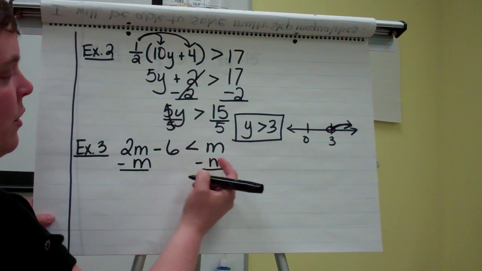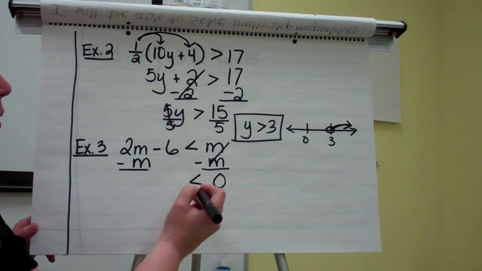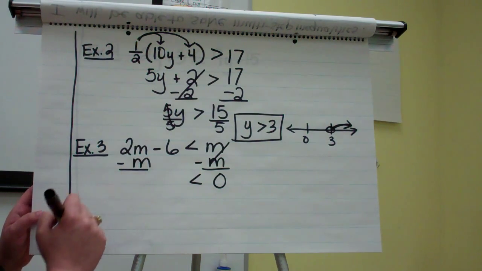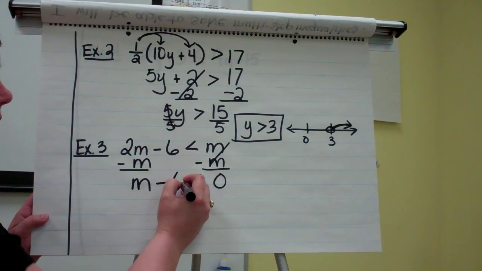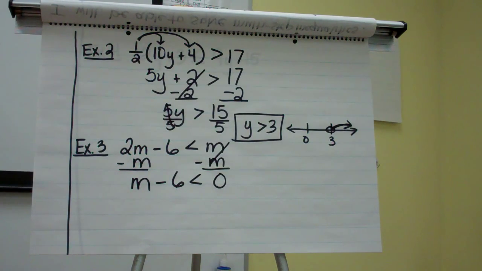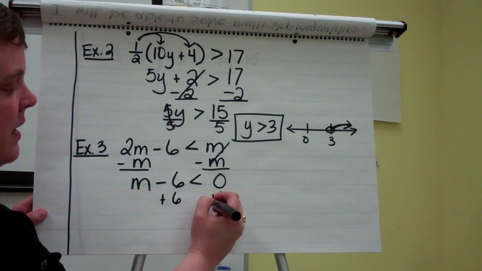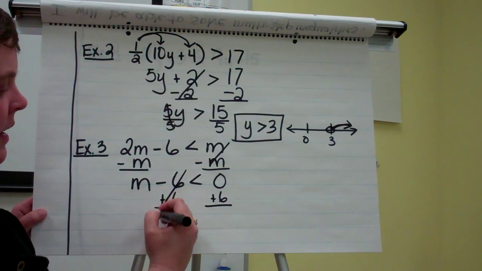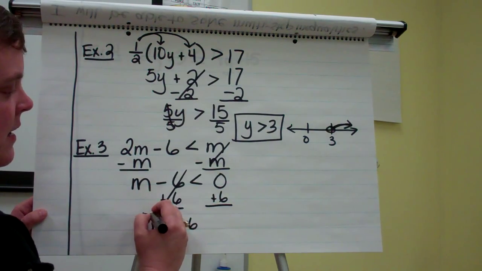Okay, so over here, that leaves me with 0, which I don't really want necessarily. 2m's minus m is just 1m, and I can write that as an m, and then I still have my minus 6. Okay, so I want m by itself. So now the opposite of subtraction is addition. So I'm going to add 6 to both sides. And I've got m < 6.